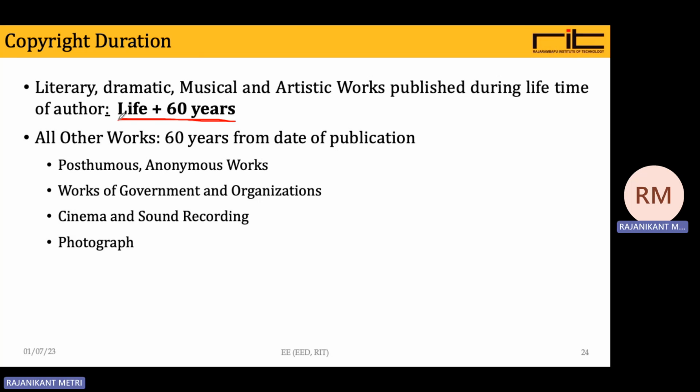Suppose one person has written some literary work or music, then it is up to his life or up to 60 years. All other works, 60 years from the date of publication, that is posthumous, anonymous works, works of government and public organizations, cinema and sound recording, photographs. These all have copyright protection of up to 60 years from the date of publication.